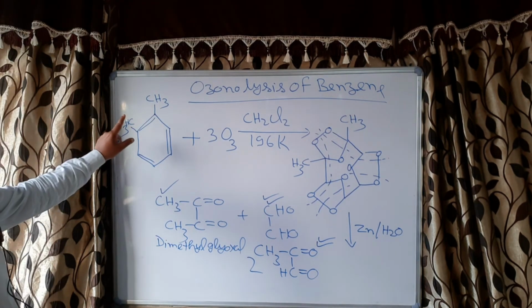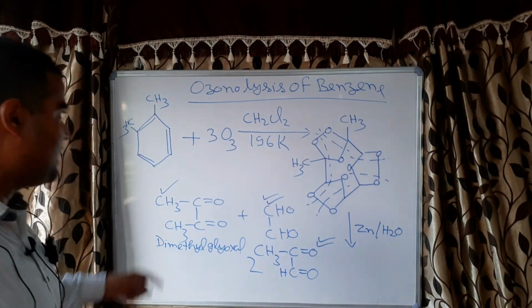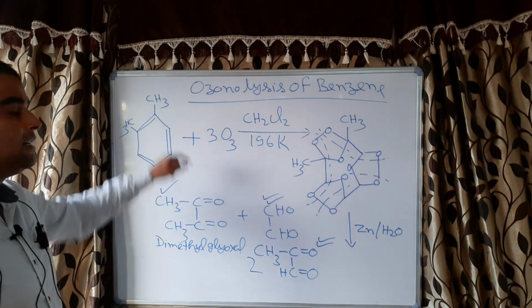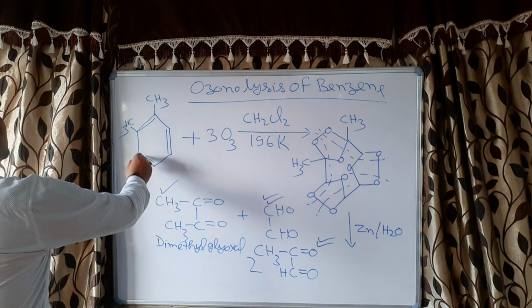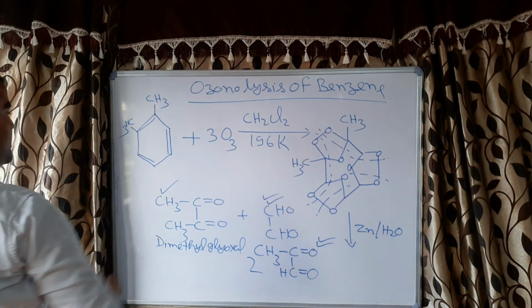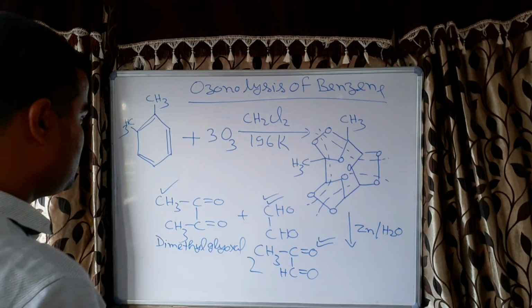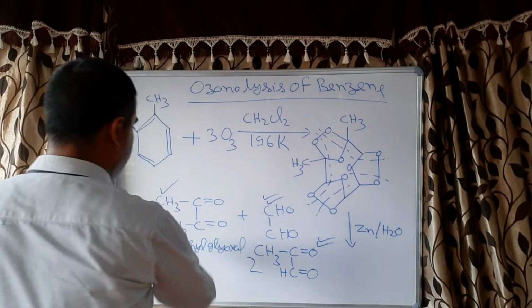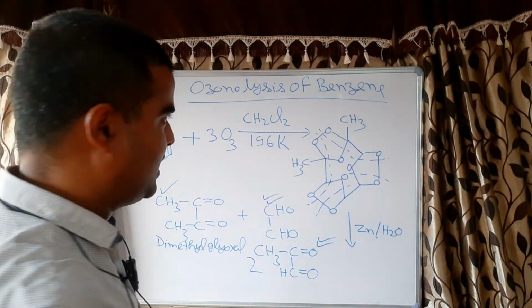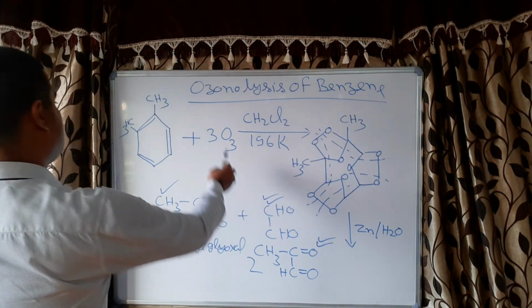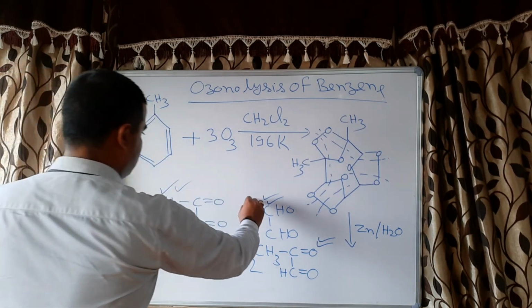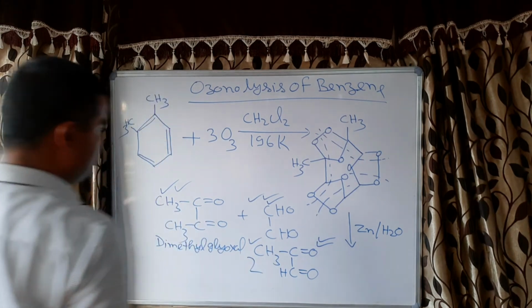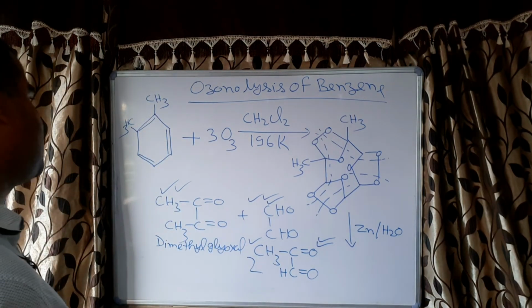But you should keep in mind both are orthoxylene, and since these bonds are rotating continuously, all these 3 products belong to orthoxylene. It means when we do the ozonolysis of orthoxylene, we will get these 3 products.